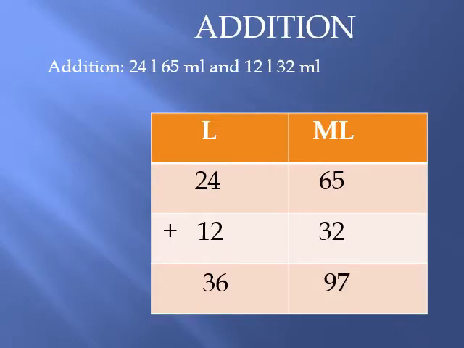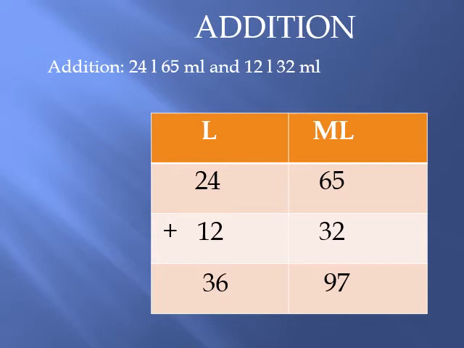Now let's learn how to add capacity. To add two or more capacities in liters or milliliters, we simply add the numbers and write the unit. If the given capacities are in combined units, we arrange them in two columns of liter and milliliter and then add them separately.